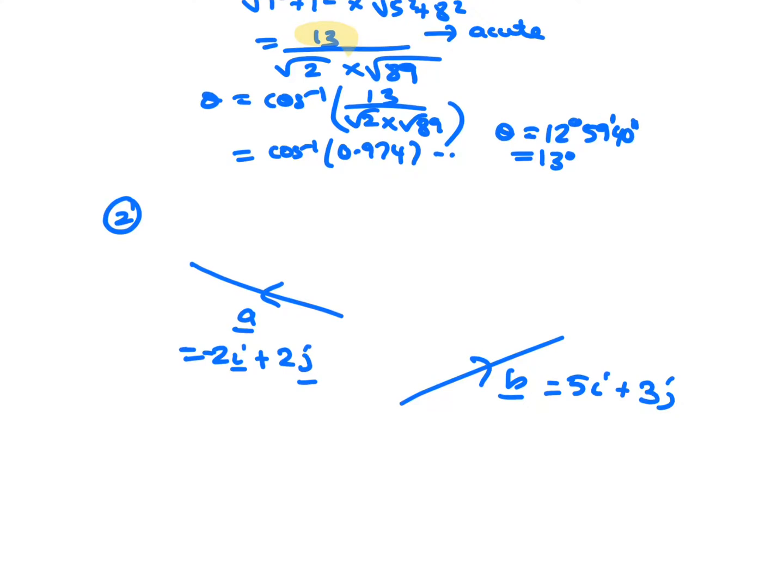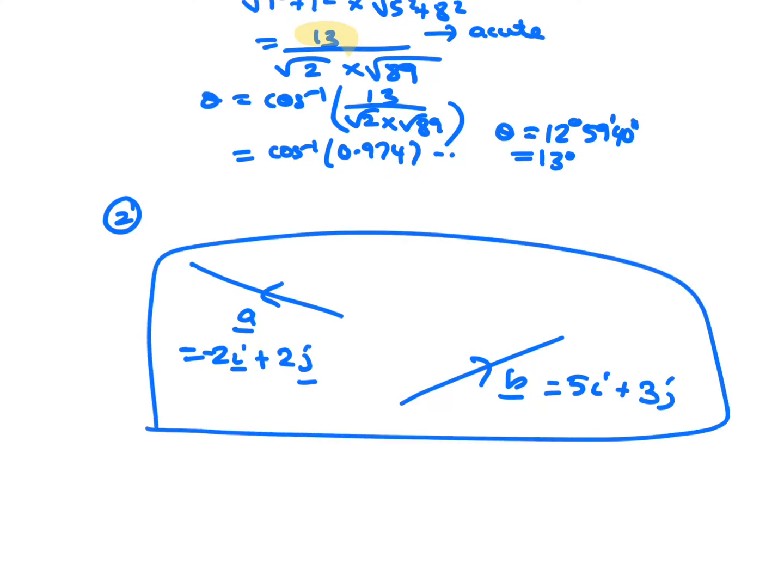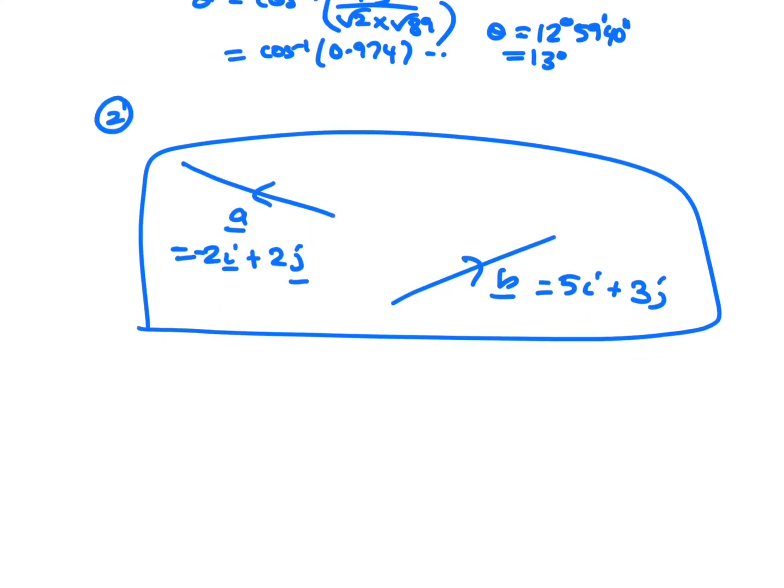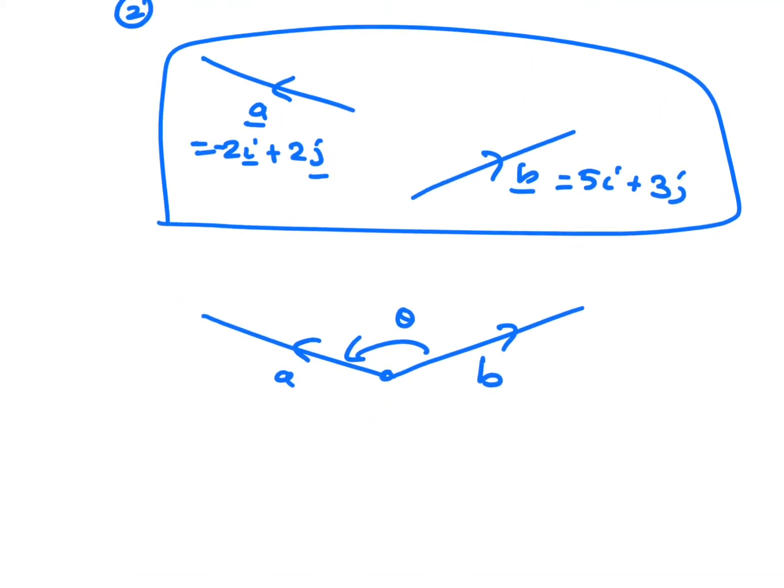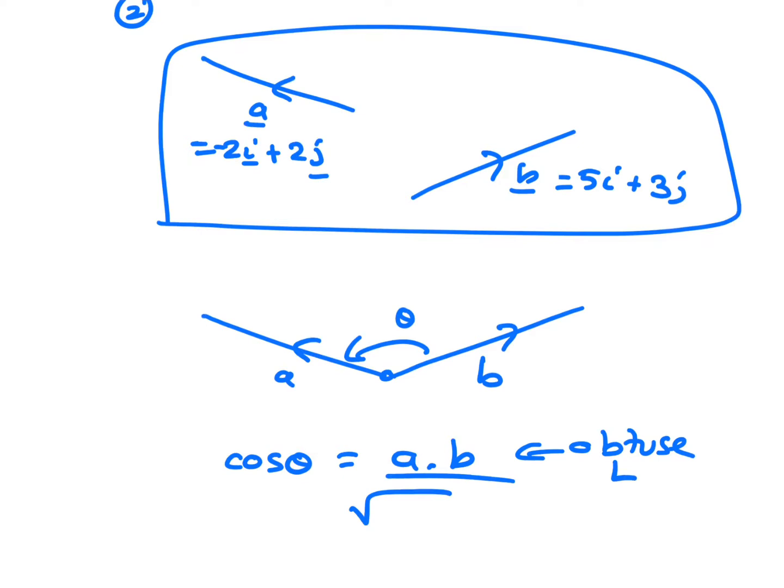If we want the angle between these two vectors, we use the dot product. Thinking about a diagram, if you put them tail to tail like that, we're talking about this angle here. Your dot product on top will end up being negative, and as soon as that's negative, you know it's an obtuse angle.